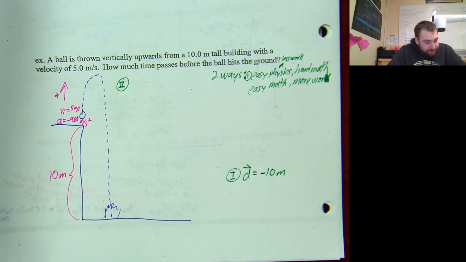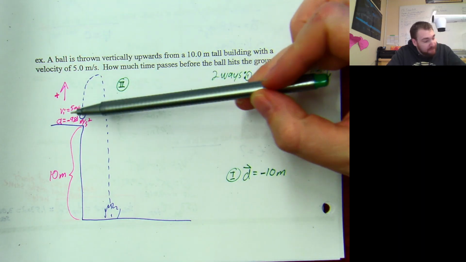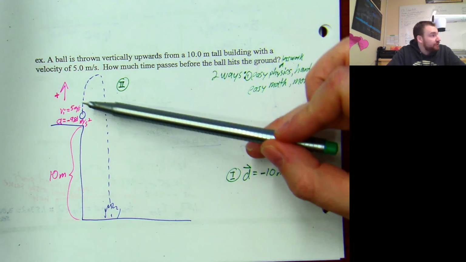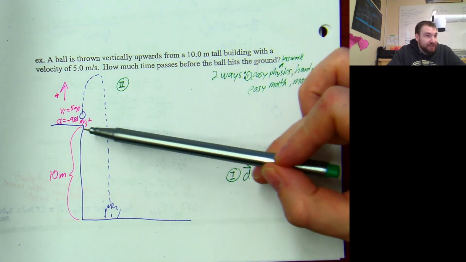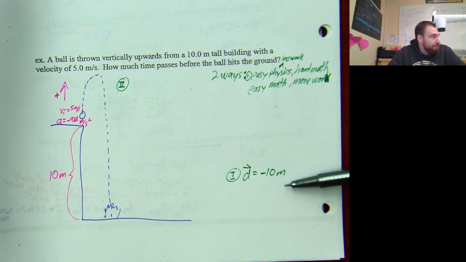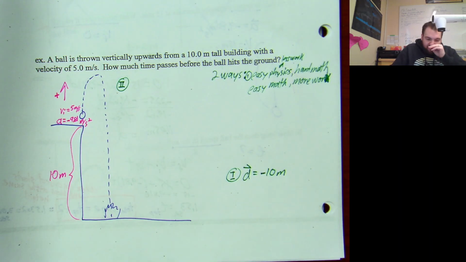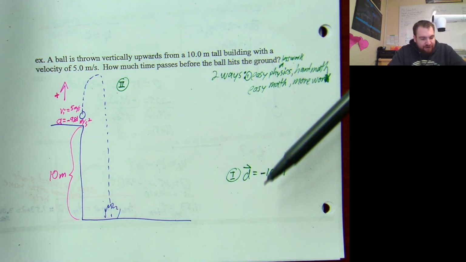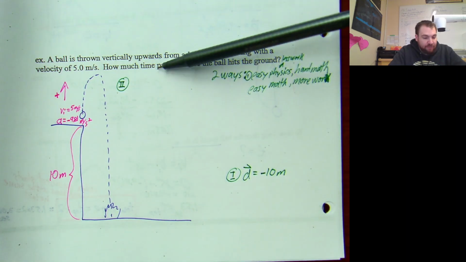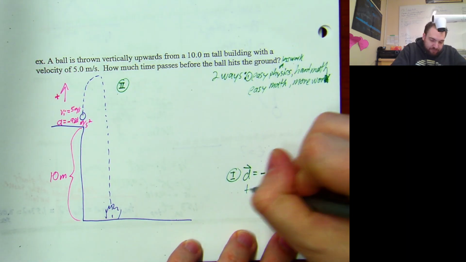And it's negative because you called up positive, and the ball ends below where it started. So it has to have gone down. So the displacement's negative. We cool with that? You understanding there? Okay, so now we have to figure out a way to relate D, VI, A, and T, because that's what we're looking for.